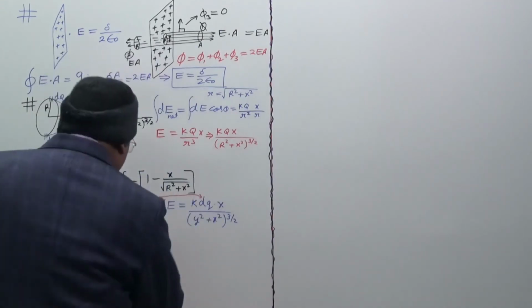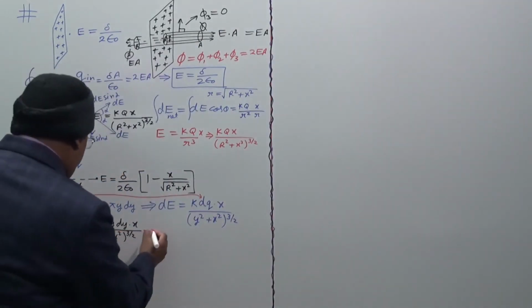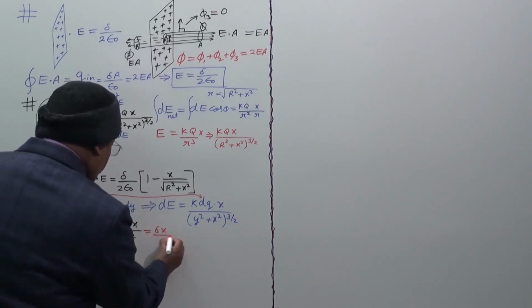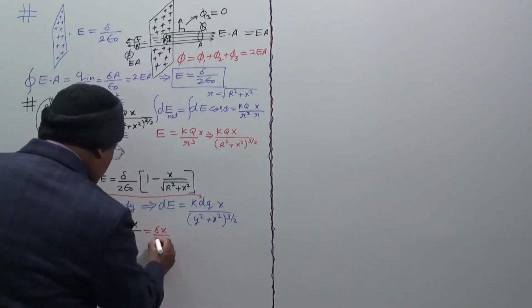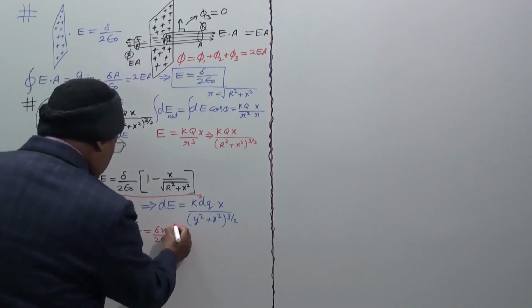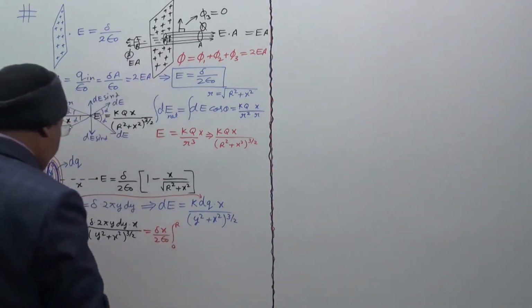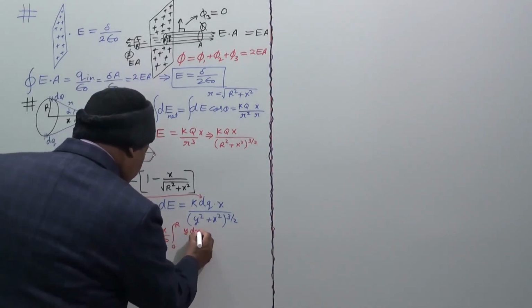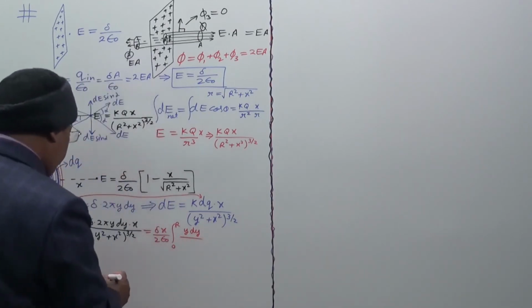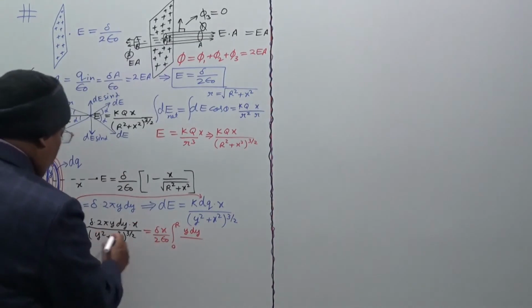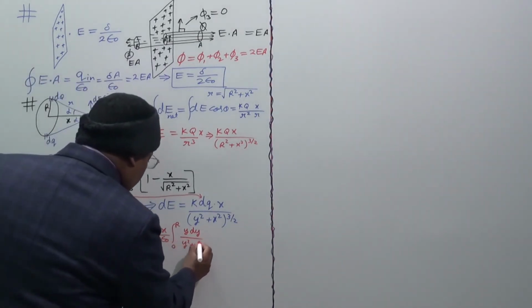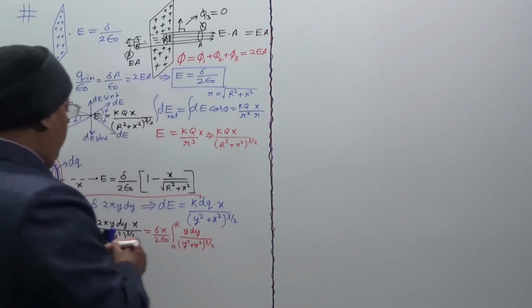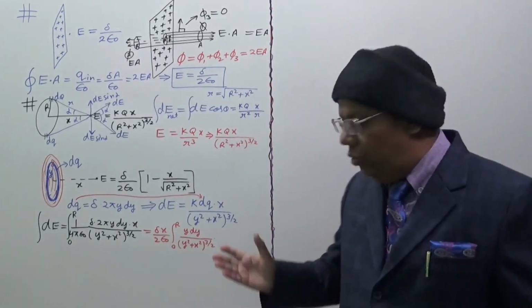So you can write it as small sigma x upon 2 epsilon naught, integral 0 to r, y dy upon (y square plus x square) power 3 by 2. No problem. You can see it very well.